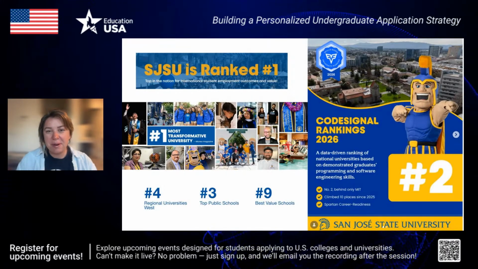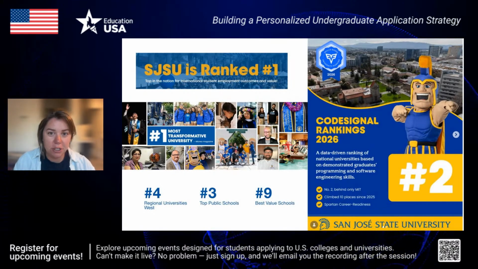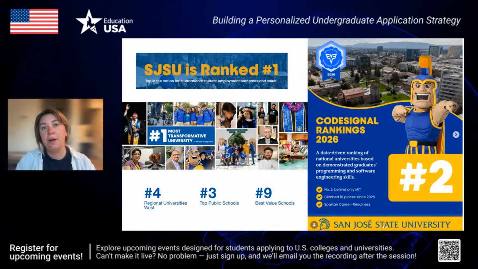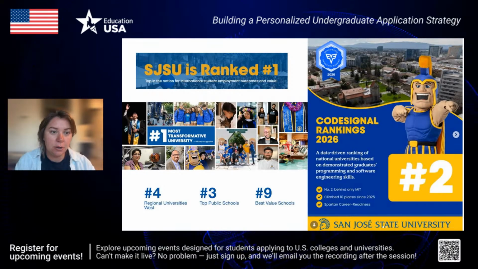The next part about your application strategy, you should think about the program that you're interested in studying. So for example, if you're interested in coding, we have a recent ranking, which is number 2. It's only second to MIT, Massachusetts Institute of Technology, for coding that just came out this year.